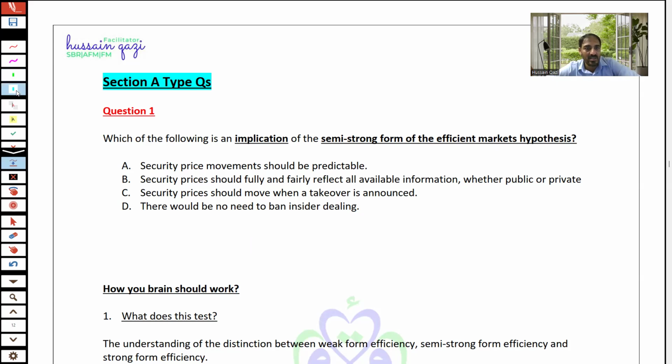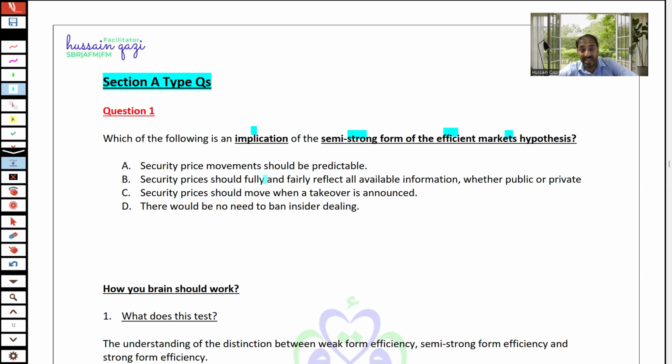Let's start. First of all, read the question carefully. Which of the following is an implication of the semi-strong form efficient market hypothesis? There are four options. Security price movement should be predictable.